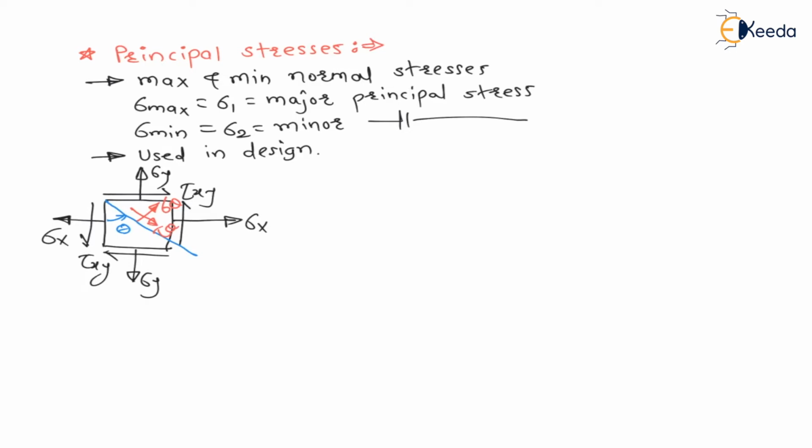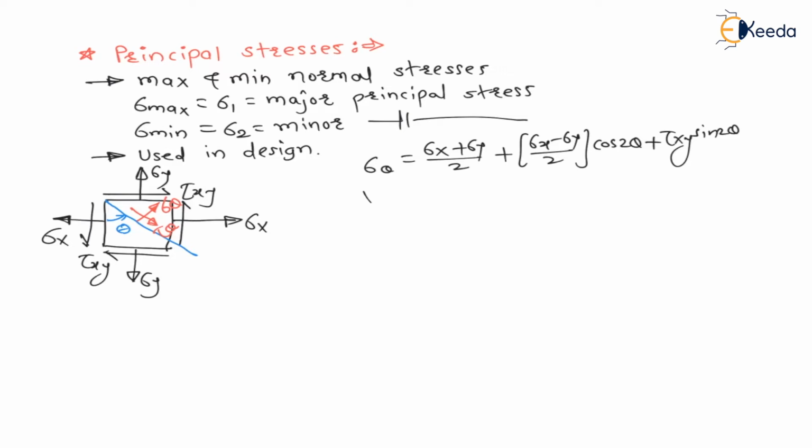And already we have seen the formulas for this. What is the sigma theta value? Sigma theta is nothing but (sigma x plus sigma y) by 2 plus (sigma x minus sigma y) by 2 cos 2 theta plus tau xy sin 2 theta. This is the normal stress on any inclined plane at an angle theta with respect to vertical in anti-clockwise direction.